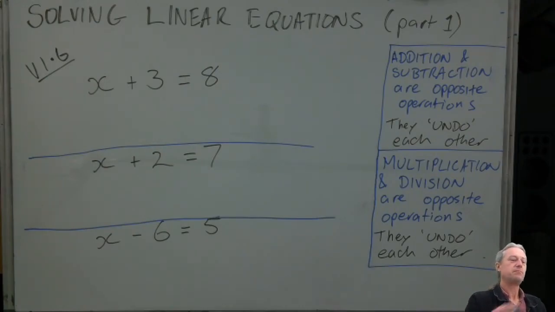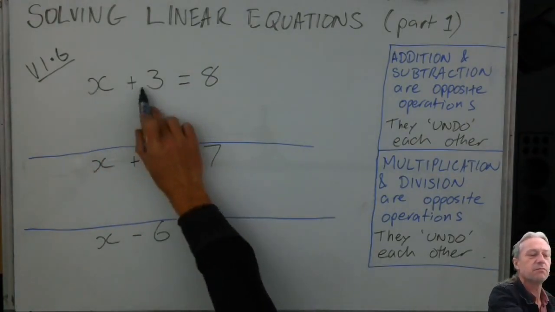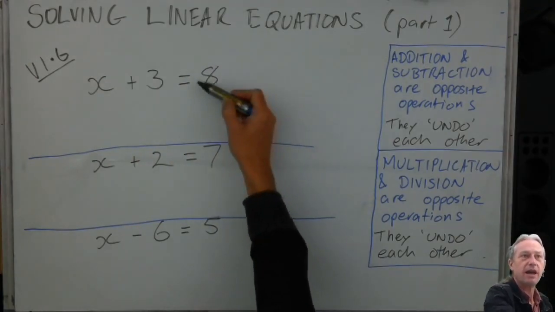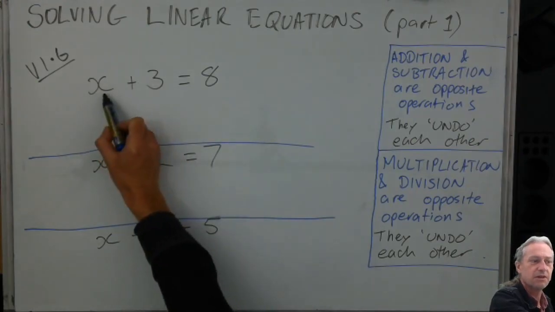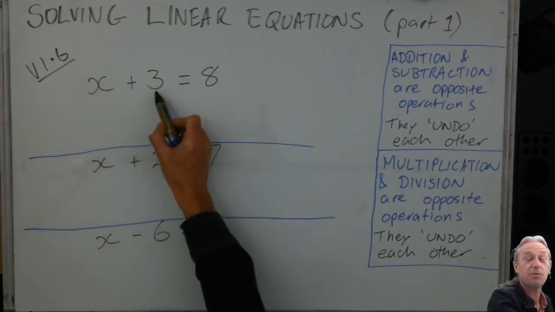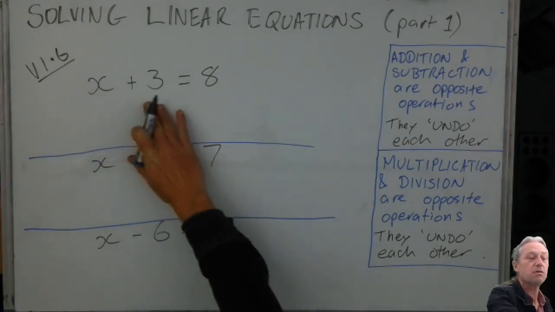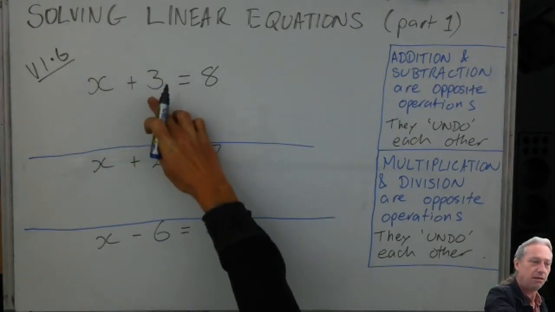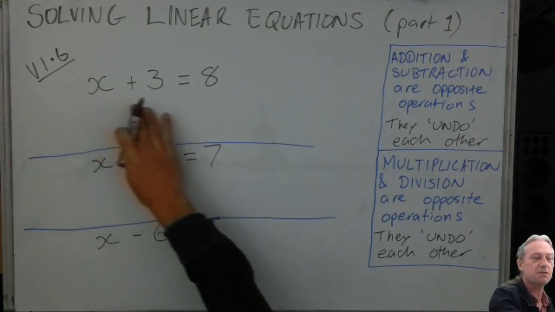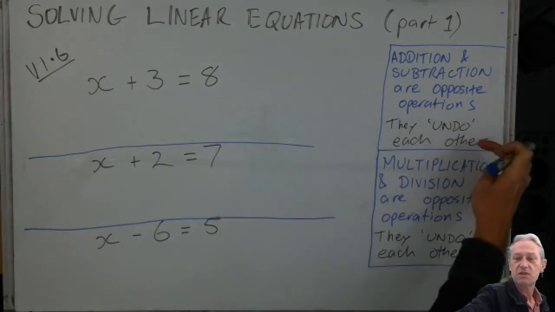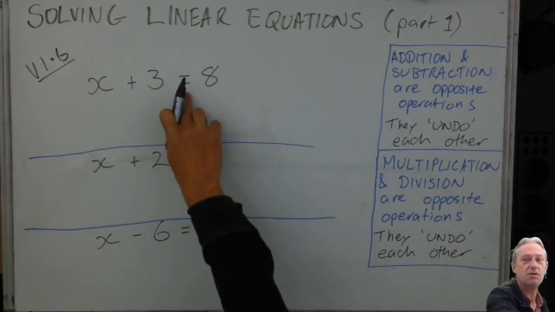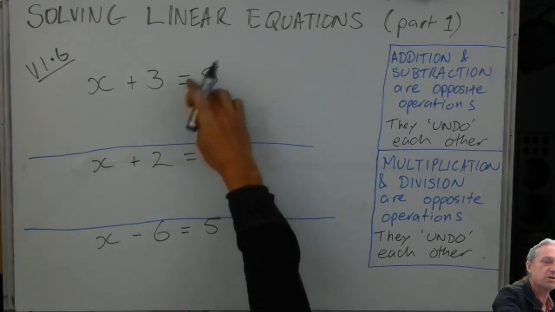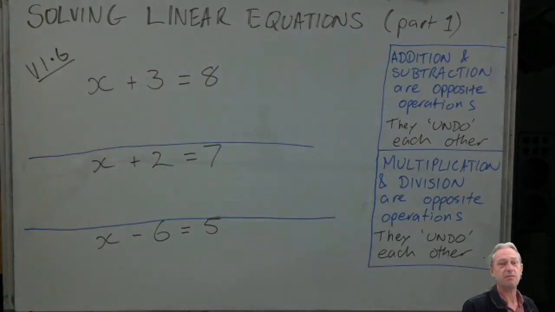Okay, so because we know that this number, the 8, is 3 bigger than this, because after we've added 3 we get to 8, we want to make this 3 disappear. We essentially want the 3 to end up as 0, and in order to keep both sides of the equation the same, we've got to do the same thing on both sides.